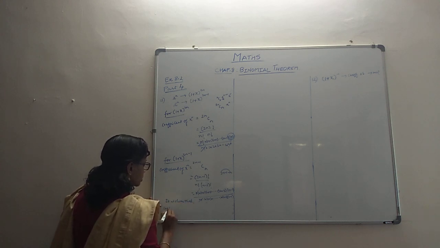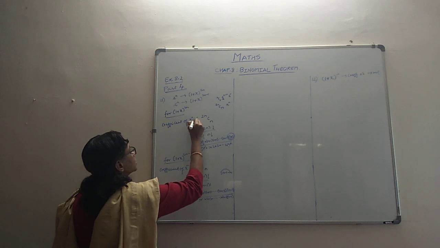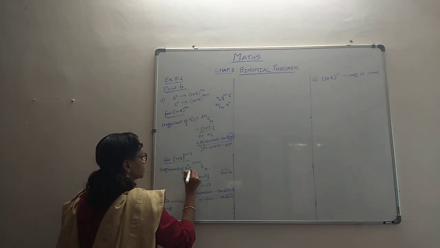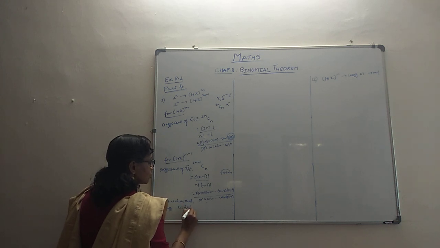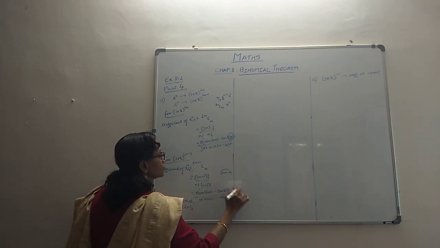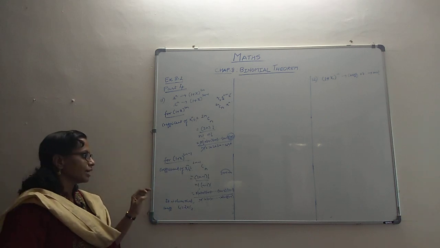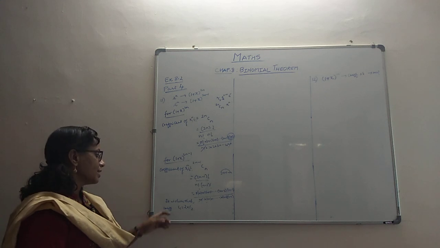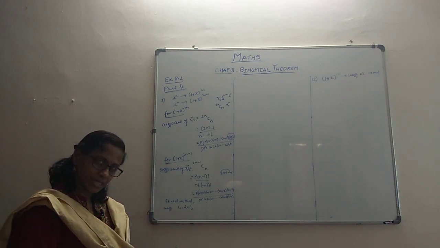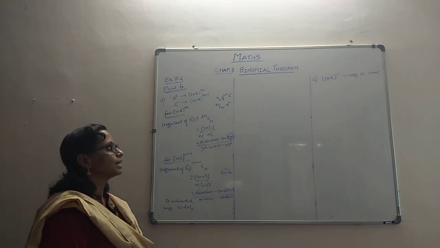If we call this coefficient C1, and the other C2, it's clear that C1 is 2 into C2. If you multiply everything by 2, then it will become C1. It's clear that C1 is 2 times C2. That's exactly what they have asked us.